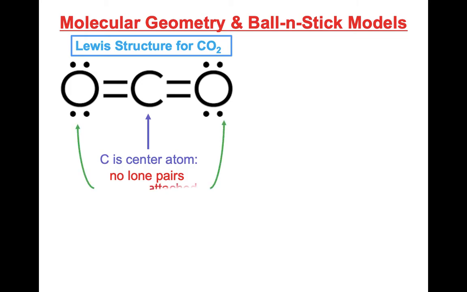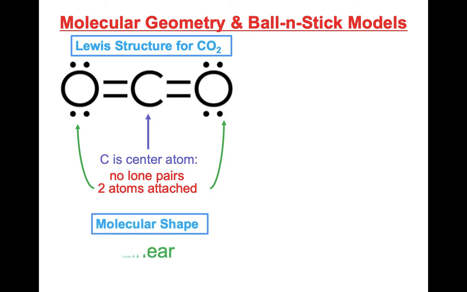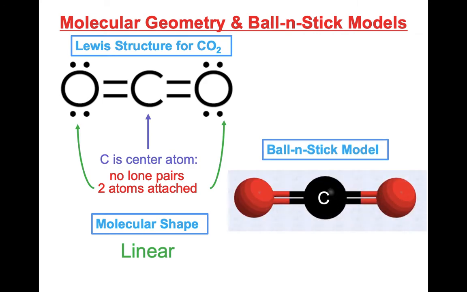It has 2 attached. So those 2 bonded pairs try to get away from each other, and it creates what's called a linear shape. To show that in the ball and stick model, you have your carbon in the center and your oxygens on each side.